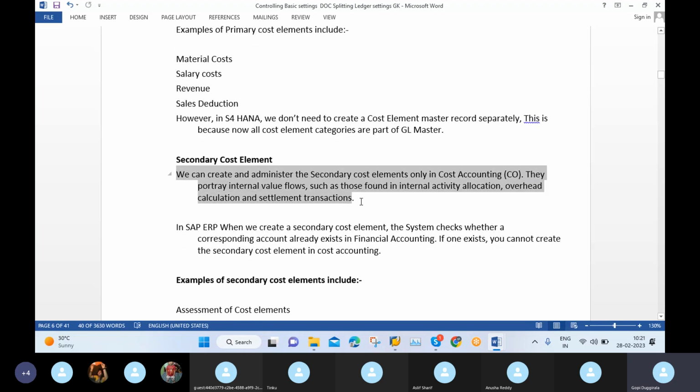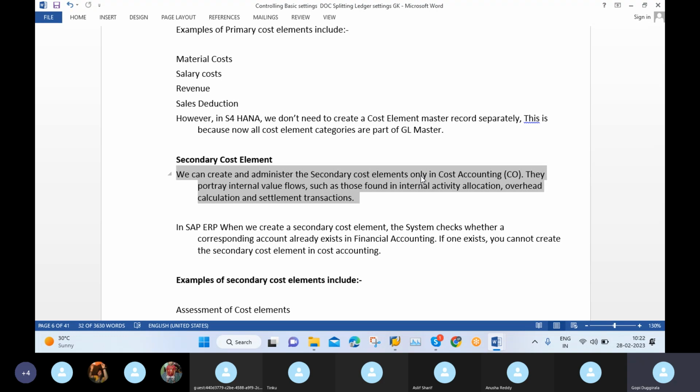So here you can see we can create and administrate the secondary cost elements only in cost accounting. It means secondary cost elements are created only in cost accounting. We cannot create them in finance.